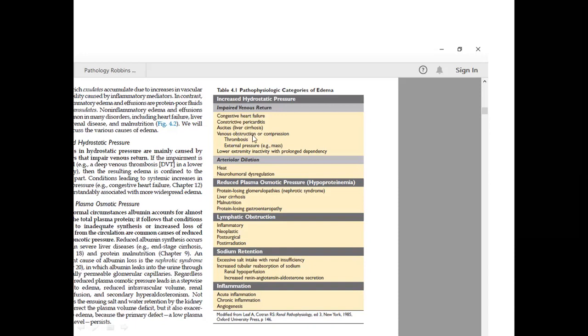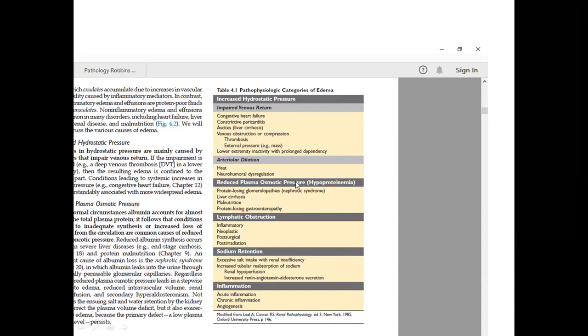Venous obstruction or compression is caused by thrombosis or external pressure. Lower extremity inactivity with prolonged dependency. These all cause impaired venous return. And arterial dilation also causes increased hydrostatic pressure. How? By heat and neurohumoral dysregulation.